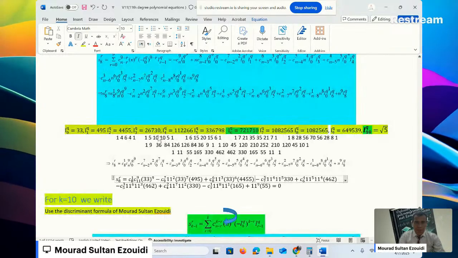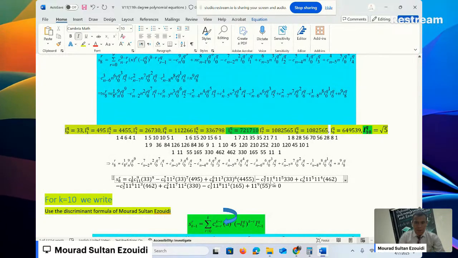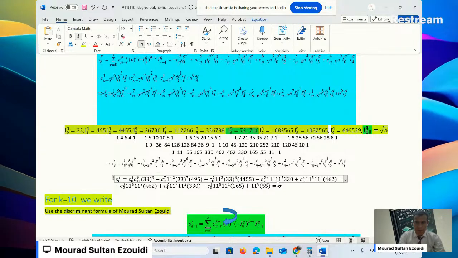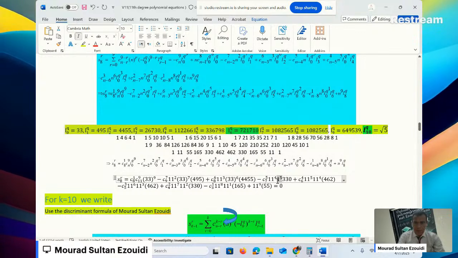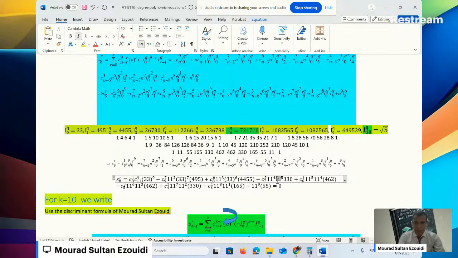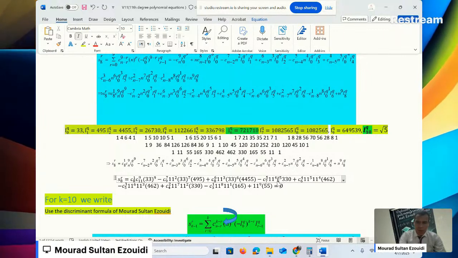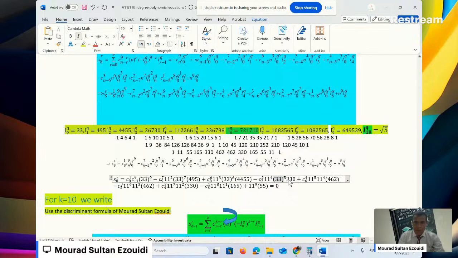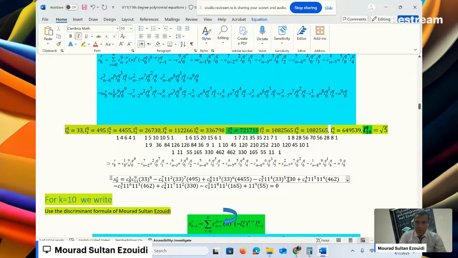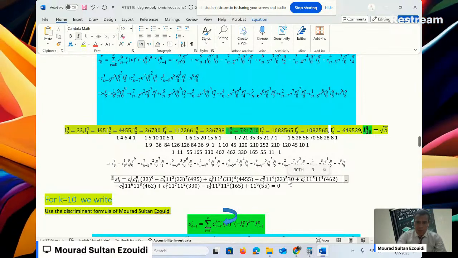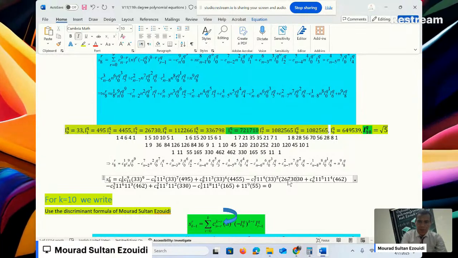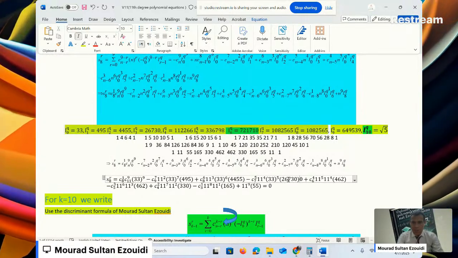Then we have 26. Yes, 26 is 33 raised to the power 5. Then this one will be 26,000, 26,730 and 20.